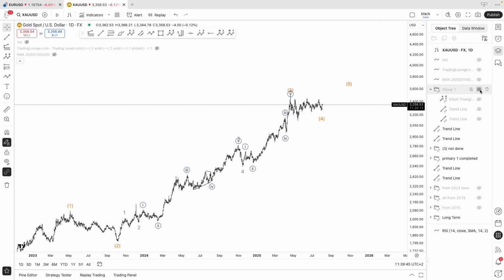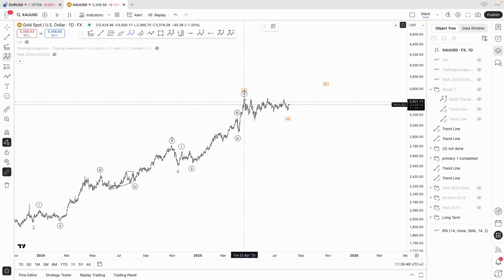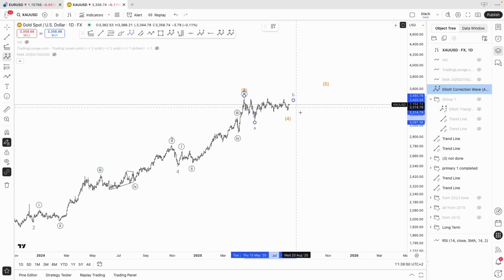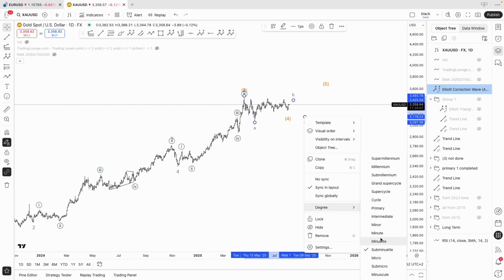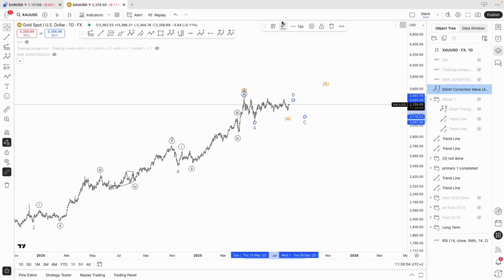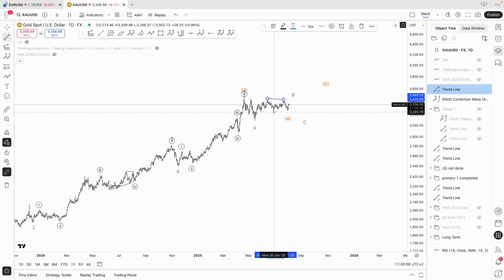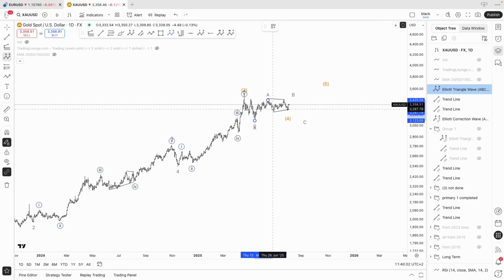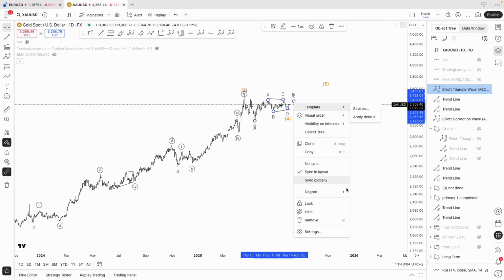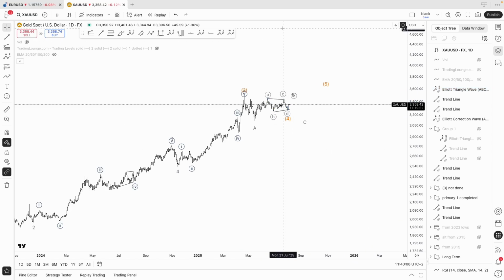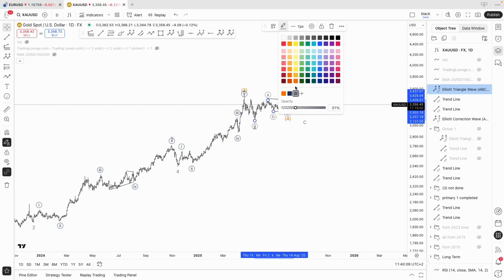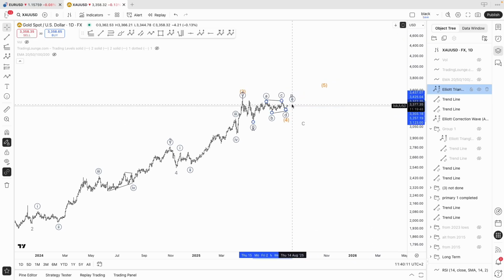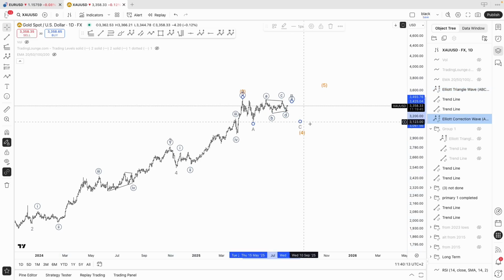Or it's also possible we have a triangle in B. So let me just show you. This is minor A, B, C, D, and E. And then down for C.